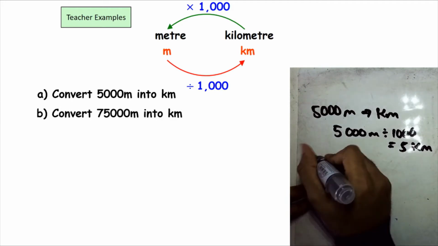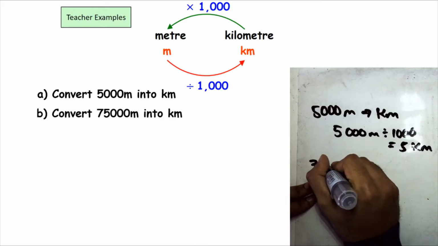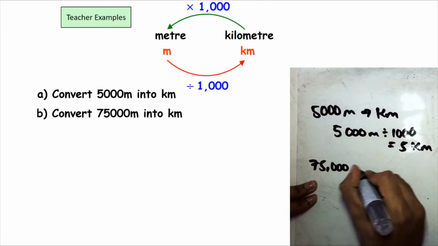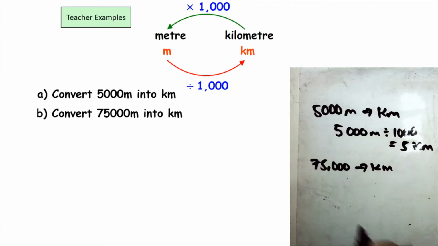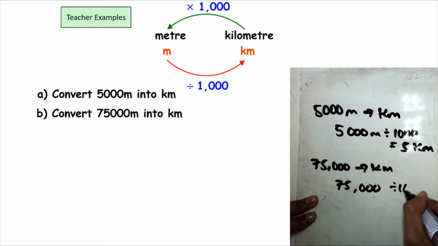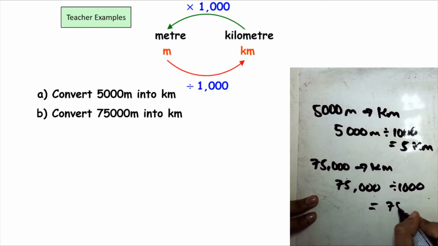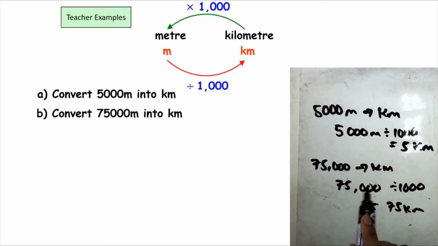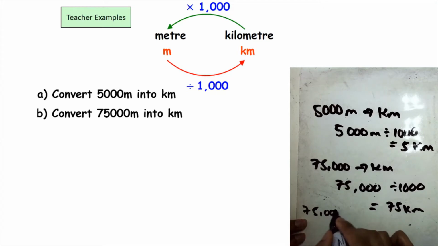Okay. Let's just say that we were looking at 75,000 meters now, and we wanted to convert it into kilometers. 75,000 divided by 1,000 will give us just 75. What we've done is basically got rid of the 3 zeros, because whenever you divide by 1,000, in place value terms, you will be moving everything back 3 steps.